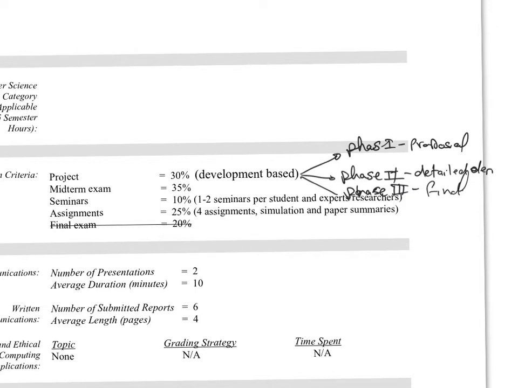Okay, the assignments. We're going to have 4 assignments. The assignments are divided into 2 categories. Possibly 1 or 2 assignments are going to be review papers. So I'm going to give you some technical papers, and you will be asked very specific questions about these papers.